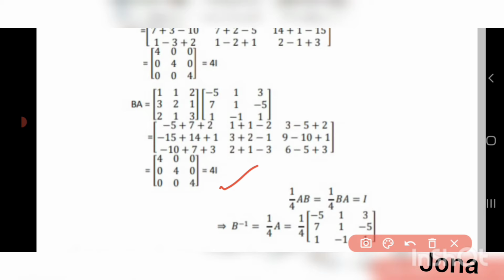So if we divide this by 4, then 1 by 4 into AB, and 1 by 4 into BA, is nothing but I here. So from this we want to reduce the other things.